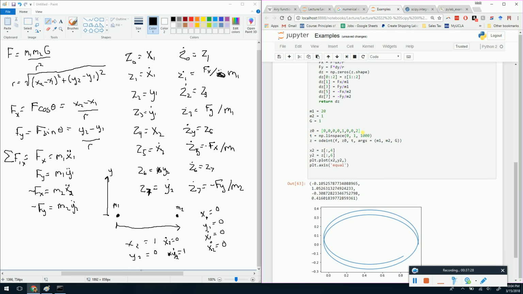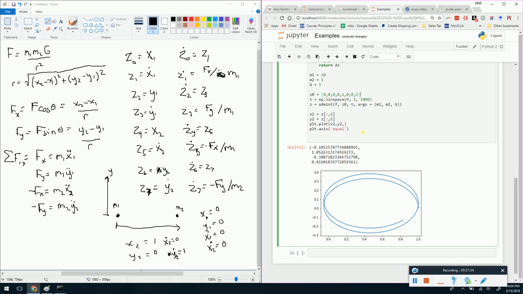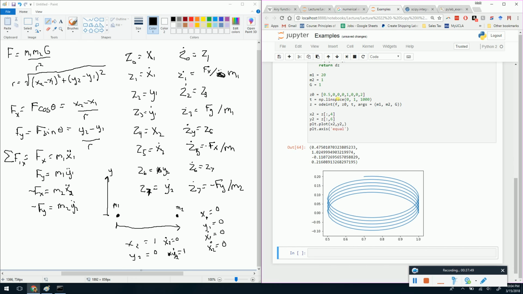All right. More speed, more speed. Let's start them a little bit closer. So let's put the sun starting at 0.5 in the x direction. No, we still get that going on. I think there might be something wrong here.